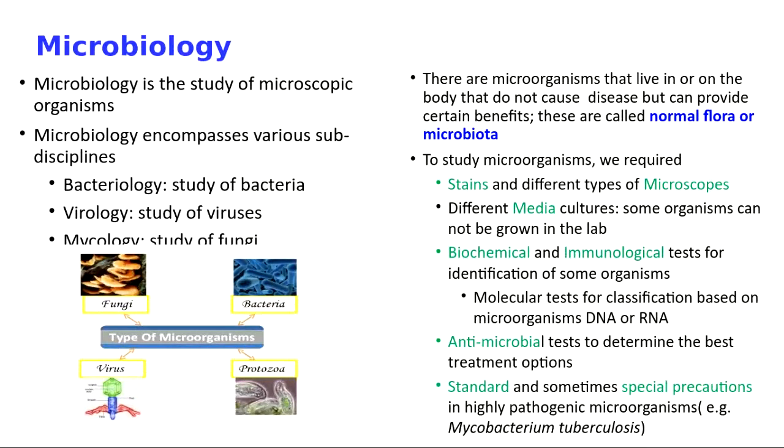We can try to grow those organisms using different media cultures, meaning having some kind of environment where the organisms can grow, where they like to be, at the temperature they like to be, with the nutrients or substances that they like to feed on. So different media cultures are used in the lab.